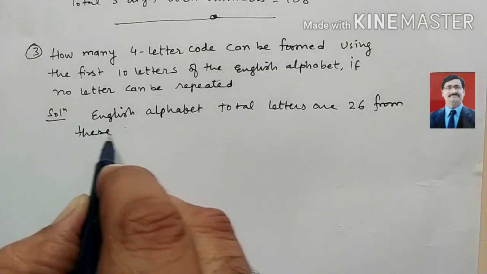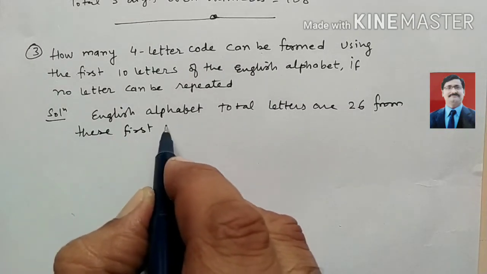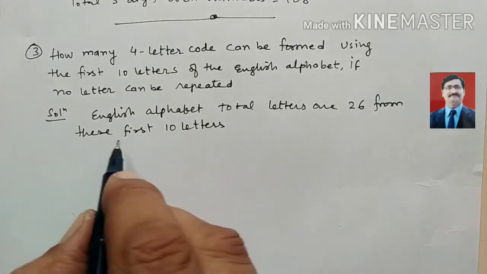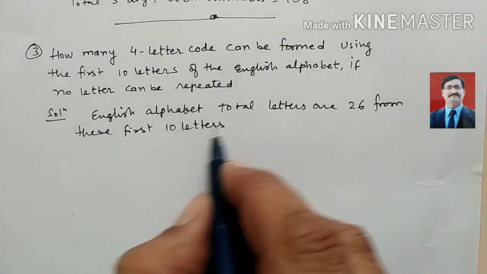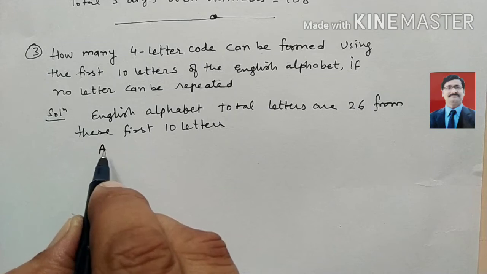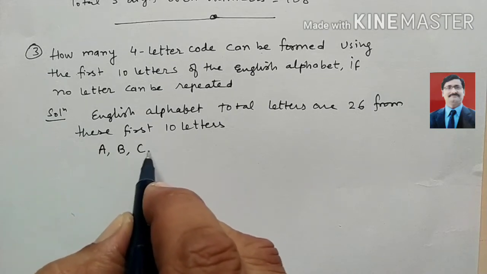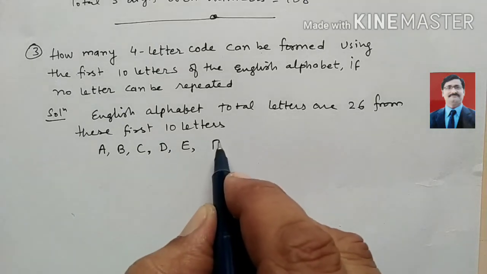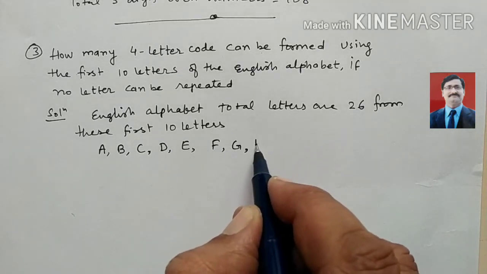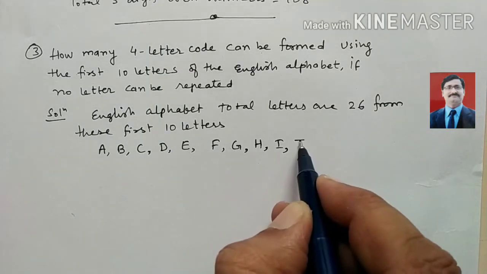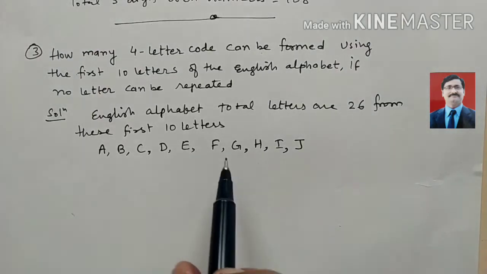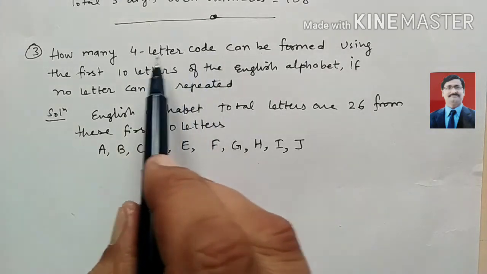From these, the first 10 letters we have to use. So the 10 letters are A, B, C, D, E, F, G, H, I and J. These are the 10 letters we have to use, and prepare a 4-letter code.